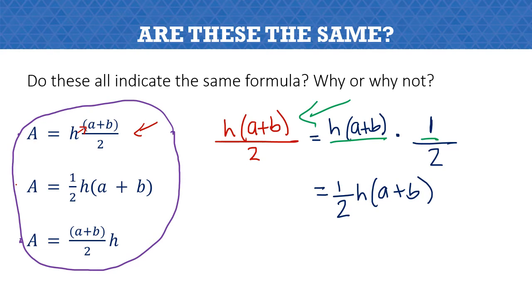These are all the same formula, they're just written a little bit differently. So if you were doing quiz question number 2 and you didn't distribute first and you solved, you could still solve for it, but you might get something that doesn't look like the answer choices, because it's multiple choice. So that's absolutely fine. You just have to be able to rearrange it to get to the proper answer choice.